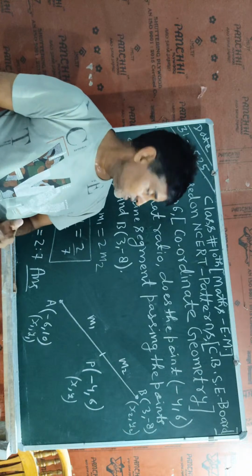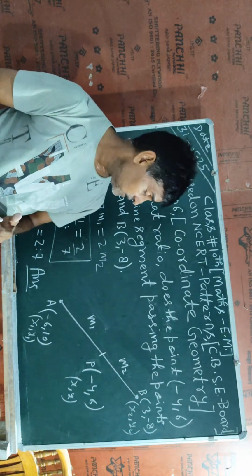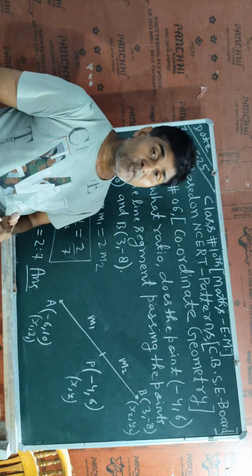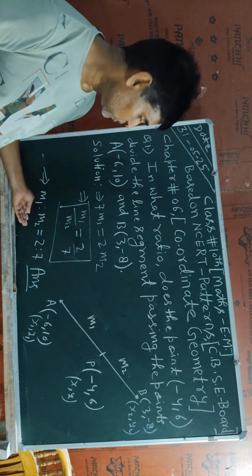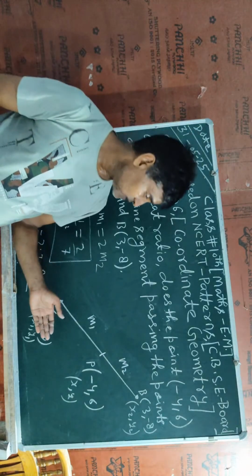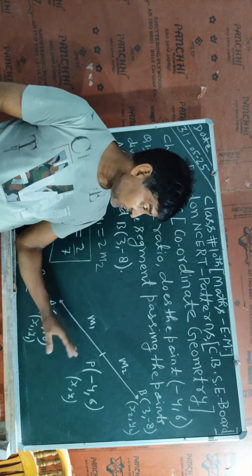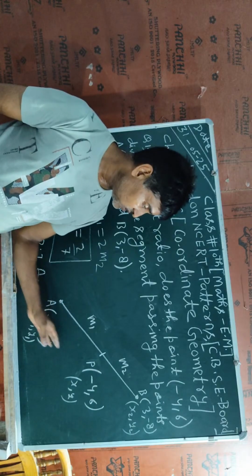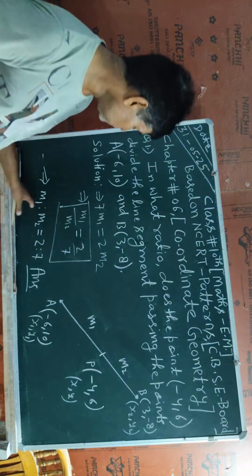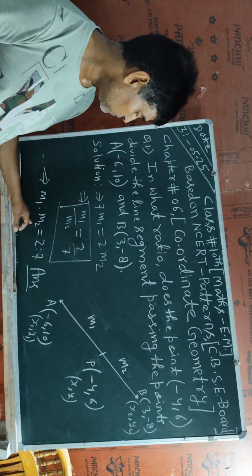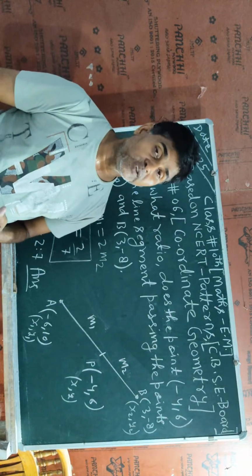After writing the general formula, I have to equate the x coordinate from both sides, and then we will get the value of m1 and m2. In other words, we can also compare and equate both sides of the y coordinate, and then we will get m1 is to m2, which is equal to the ratio 2 to 7.